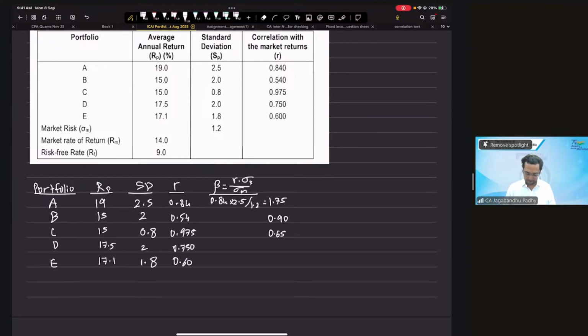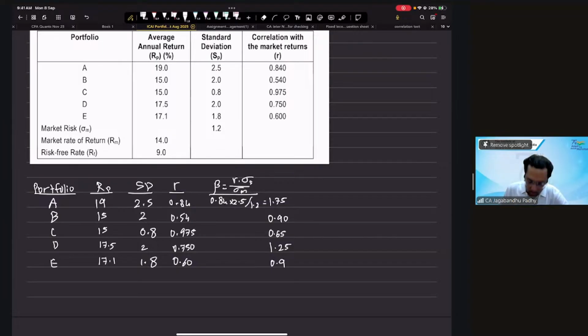Then 1.25. Then 0.9. Okay, fine. So we have this beta.